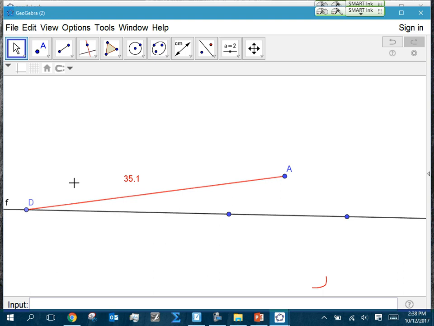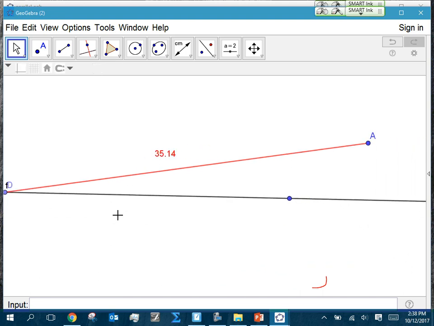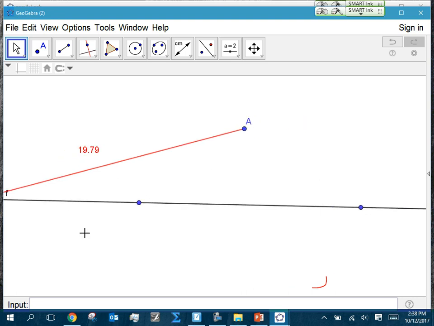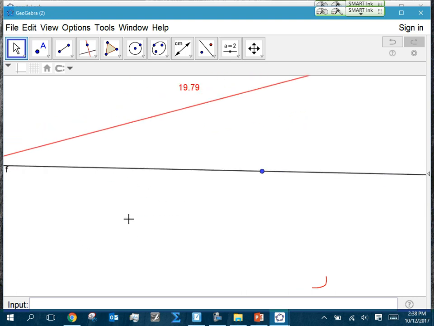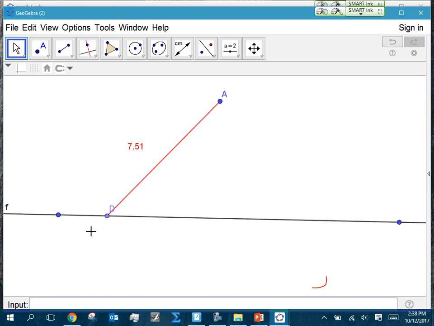There should be a distance that I can walk from that point A to this wall that is the shortest. You see that number decreasing, decreasing, decreasing, and now it starts to increase again, correct? So somewhere in here there was a shortest distance.